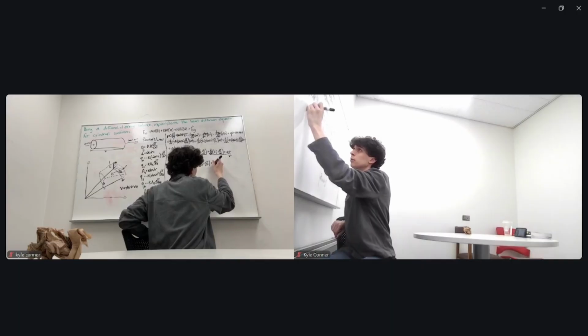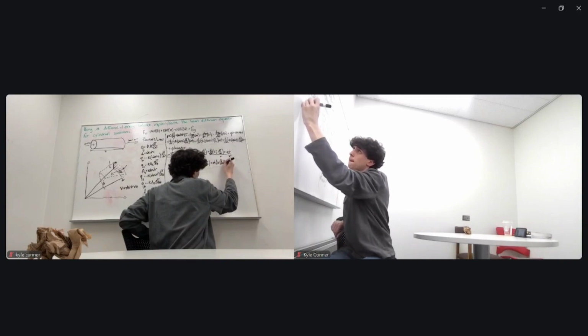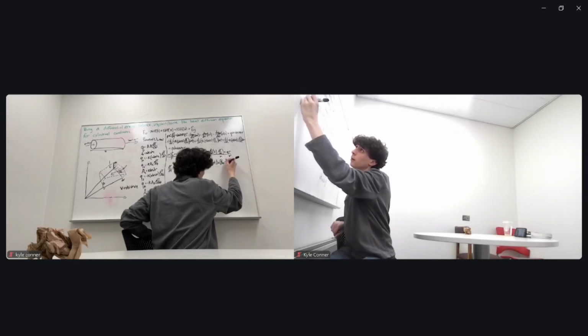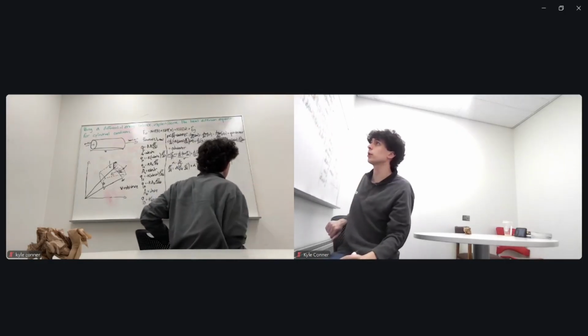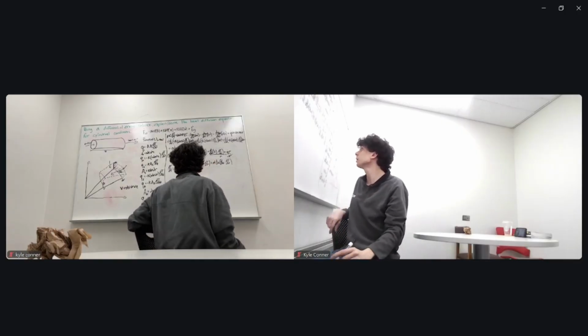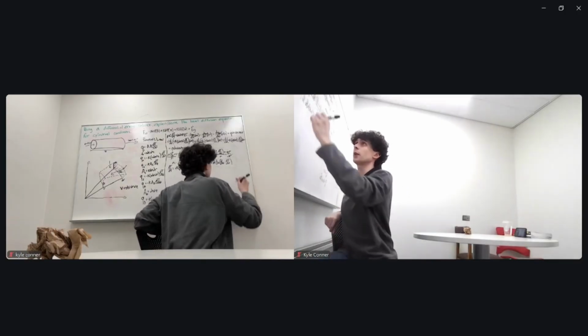So we'll have, and then these r values cancel on the heat generation, but then we have the heat capacity and density coming over.